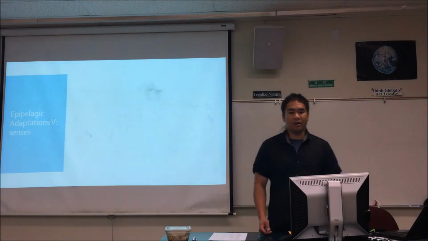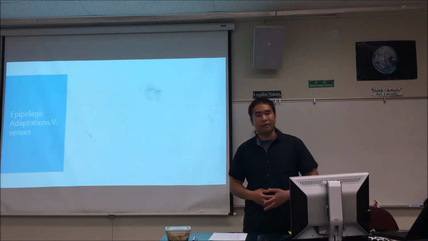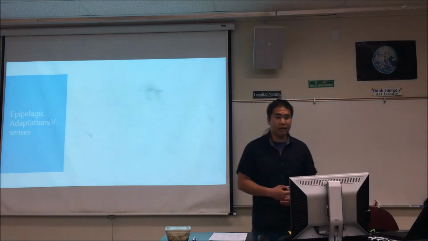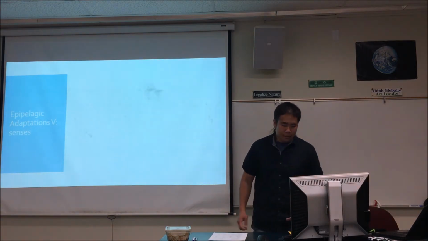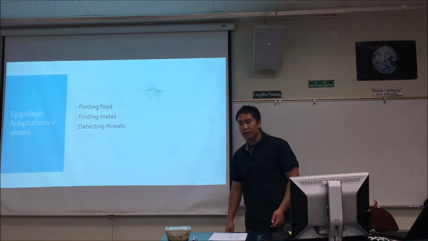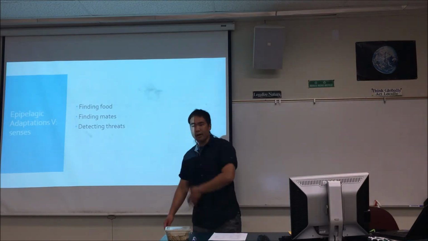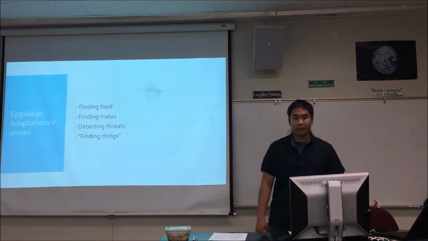Surveying the area, getting information about the environment around you, right? In general, organisms use their senses for these main tasks: finding food, finding mates, detecting threats. The point is they're using senses to find things.